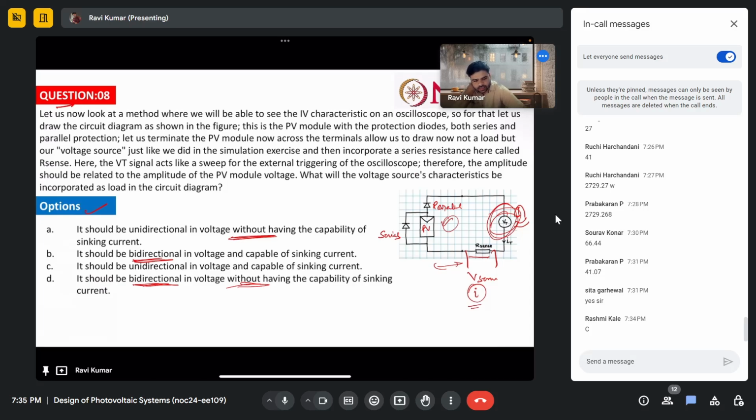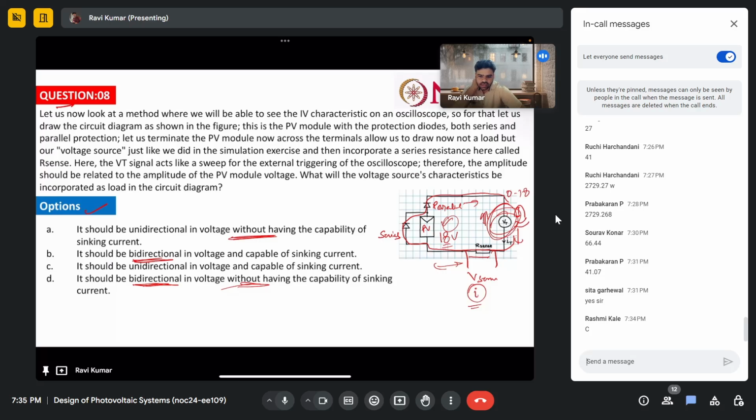C. Yes, Rasmi, you are right. Actually, if this voltage is 18 volt, let's say, and this is 0 to 18, then the direction of this voltage is like this, and the current direction is like this, so it is like suppressing. But when this becomes negative, it will add up and the current will flow in this outer circuit, and it will be a large current because both voltages will add up.